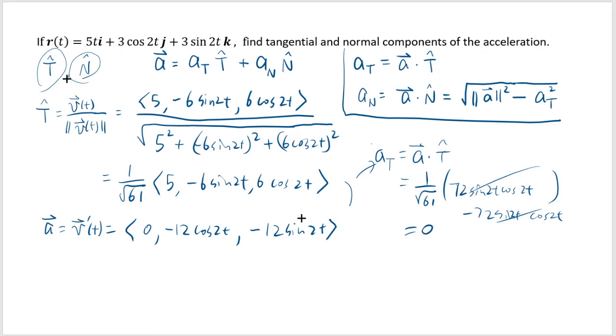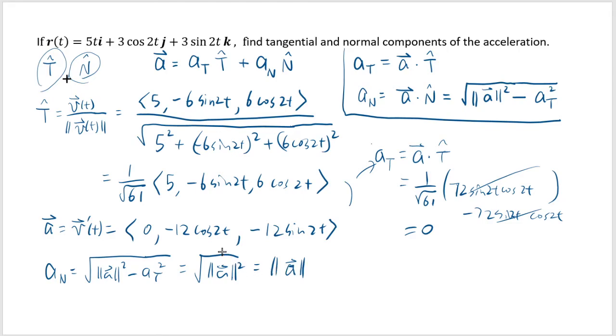That means a_N, since it's the square root of the norm of A squared minus a_T squared, and we just found out that a_T is 0, is just the norm of A, because square and square root cancel.